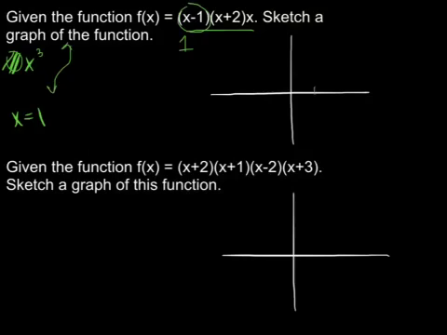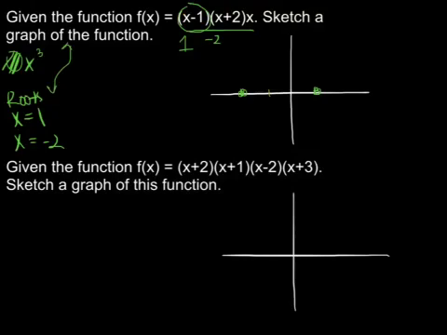All right, the next root that I'm going to get is when x equals negative 2. Because if I were to plug in negative 2 into my second factor, this is going to go to 0, this is going to be negative 3, and this is going to be negative 2, but anything times 0 is 0, so at negative 2, I'm going to have a root. So I have one root here and one root here.